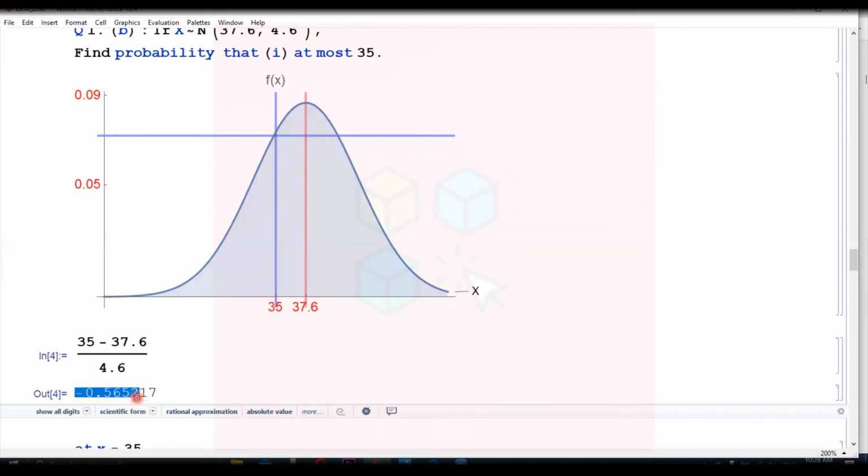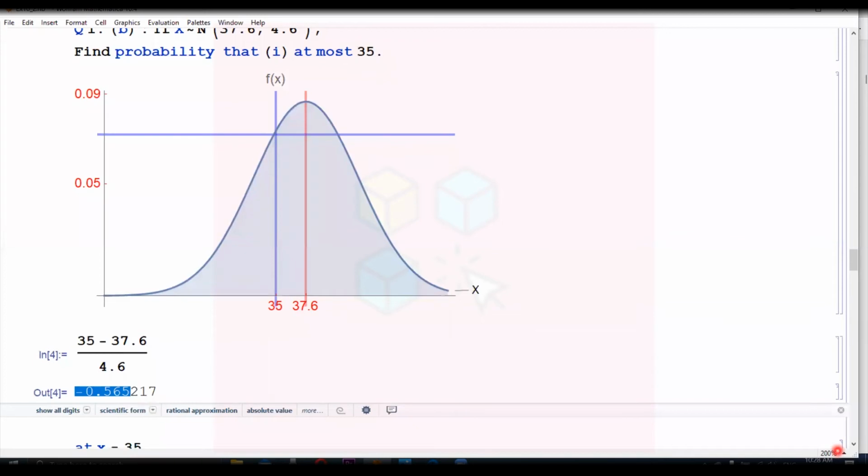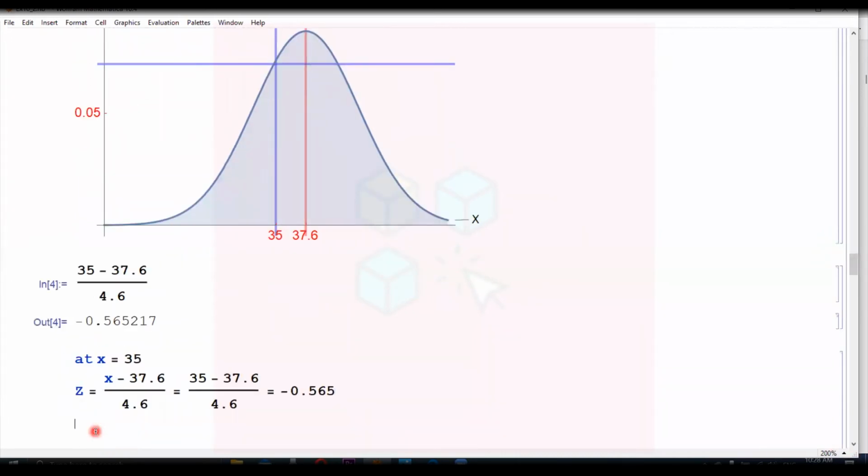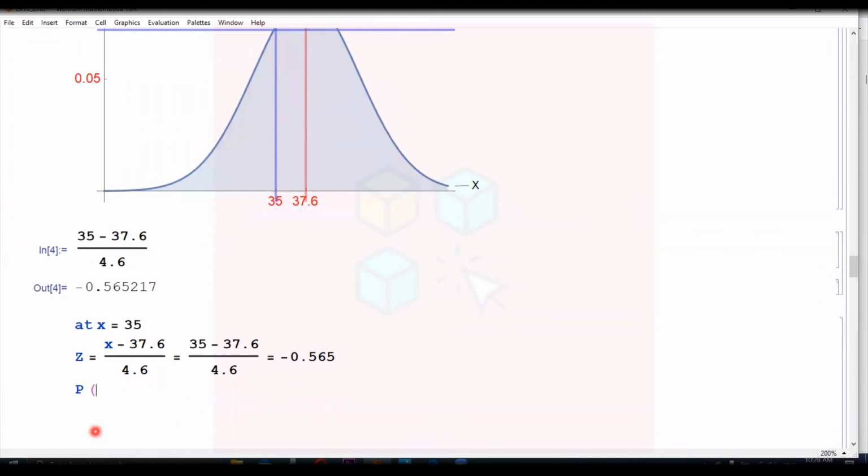0.5652. I'm taking 4 decimal places. Even not 4, even 3 are enough. So we will replace this value here. Now you have to find probability at most, which sign will be used?